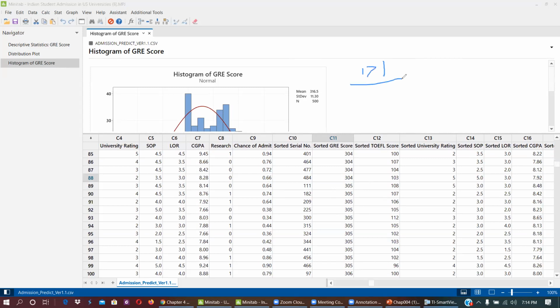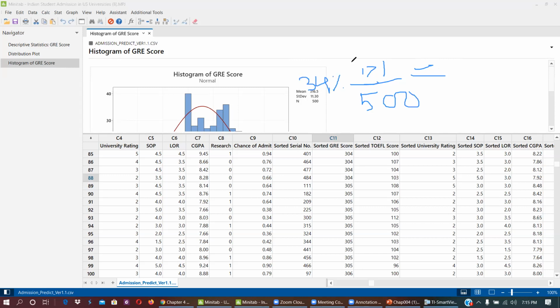What is the percentage out of 500? 171 divided by 500. So this is coming to 34%. Basically, 34% of the data is not in the range.